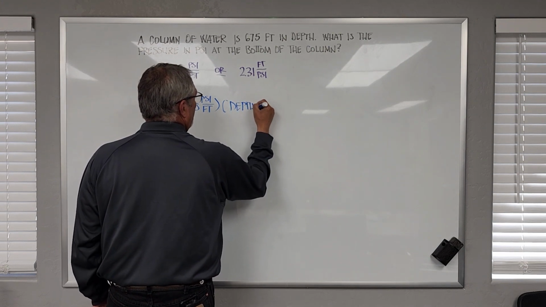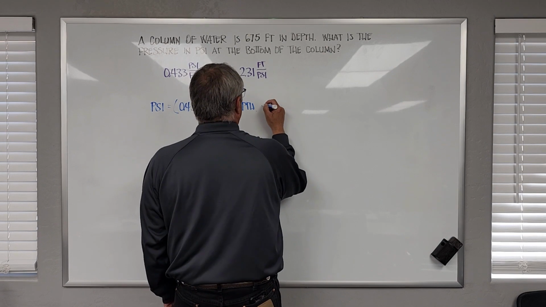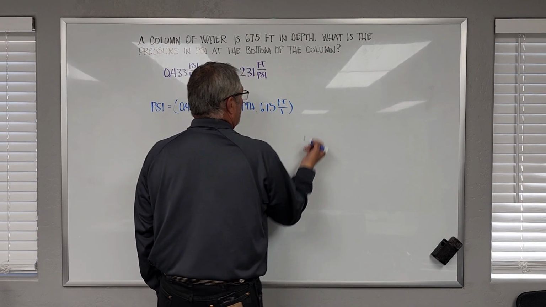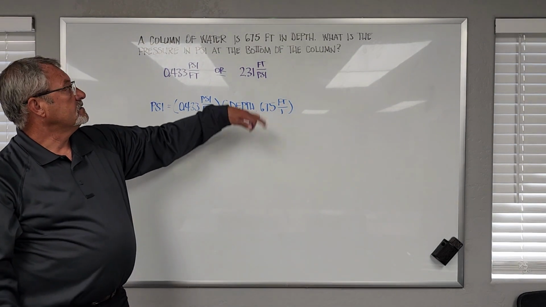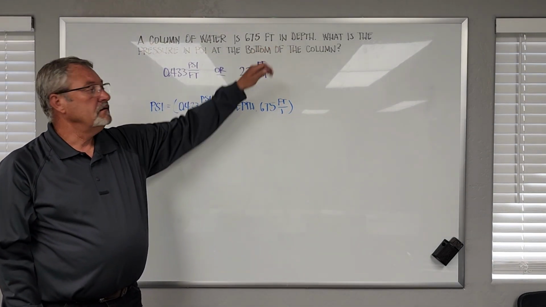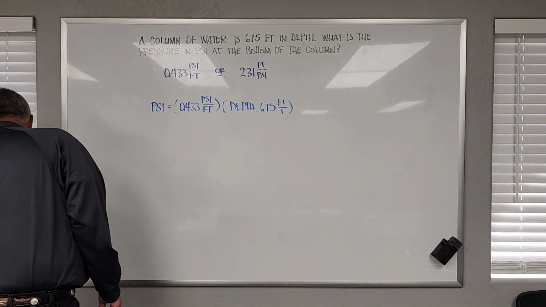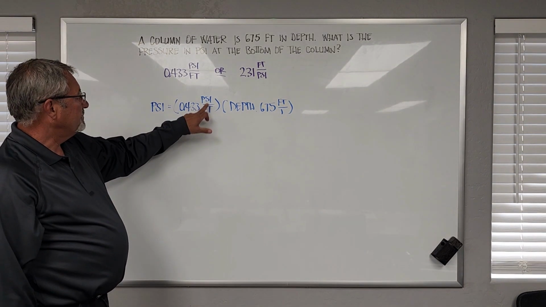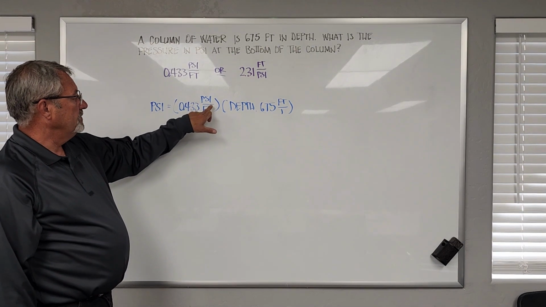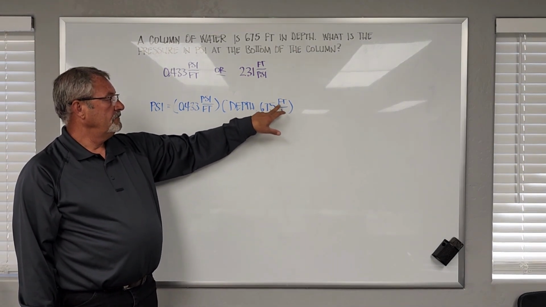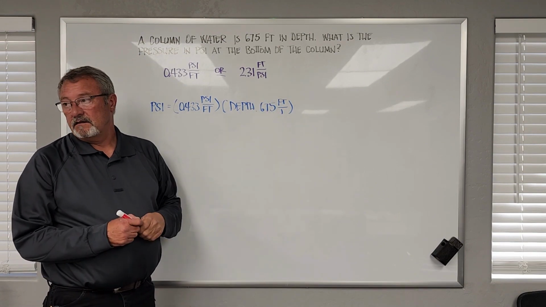and I'm going to write the equation as multiplication. The depth is 675 feet. Feet over 1 is the same thing as feet. Okay? So now you see what we've done here is now we have PSI over foot. Foot is below the division line. Over here, it's foot over 1. Foot is above the division line.